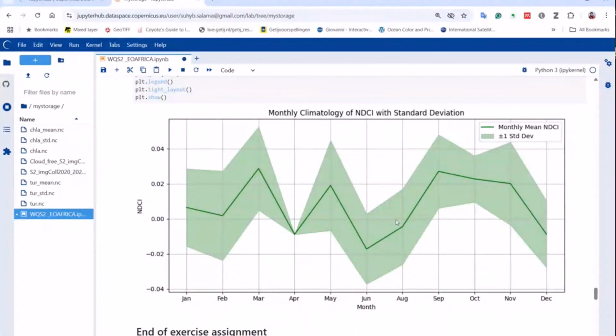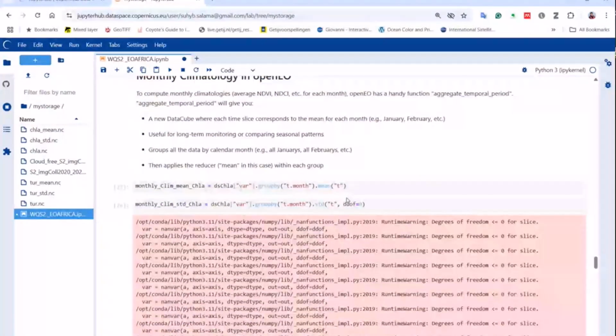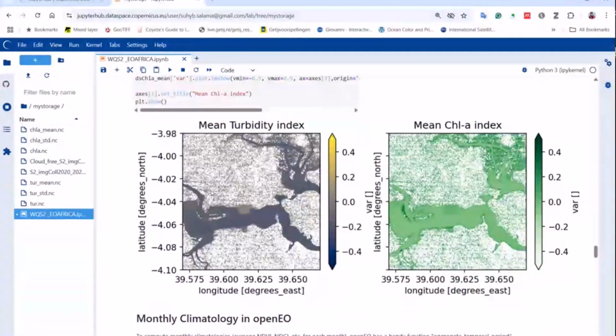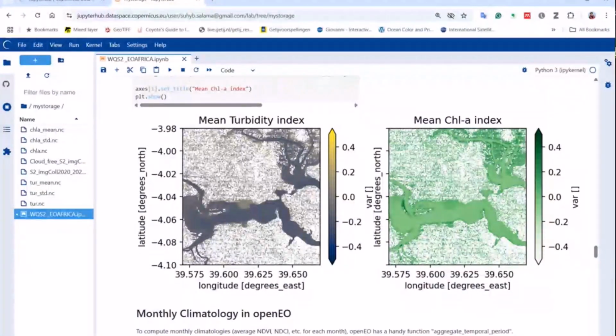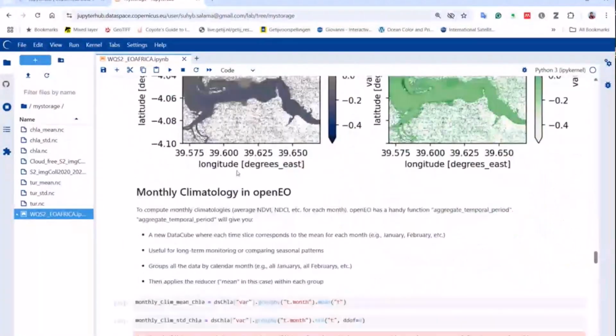July, for instance, has cloud above 25%, and that's why we missed it. You could calculate and visualize the mean. You discover that this simple band classification of the water is not enough. So for this area, I need a better approach to classify water pixels. But you could visualize the mean value, which is really nicely shown here.